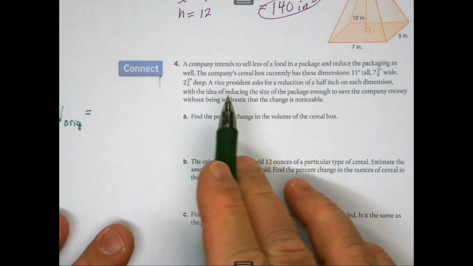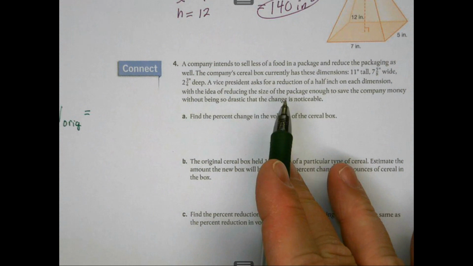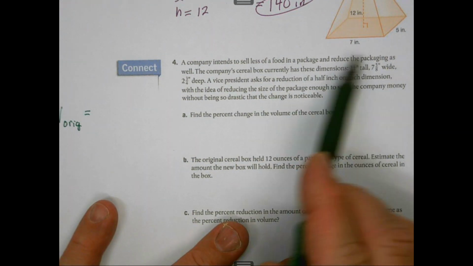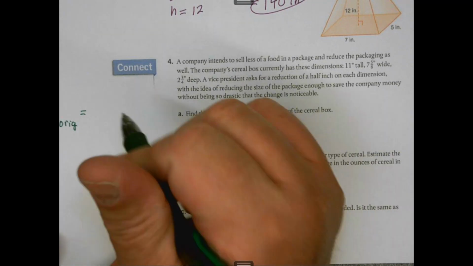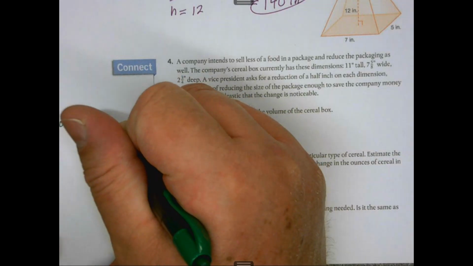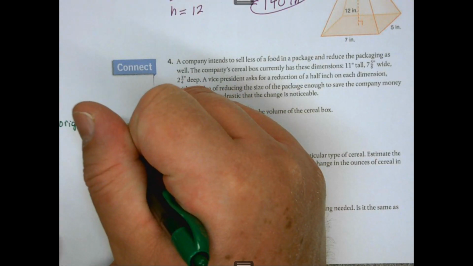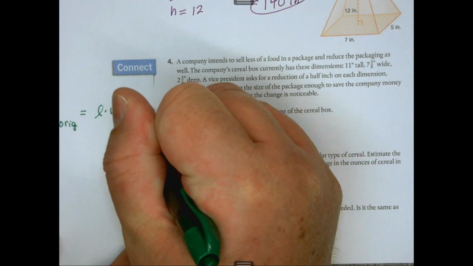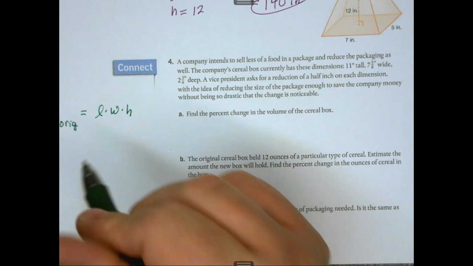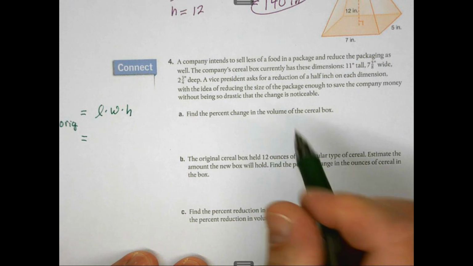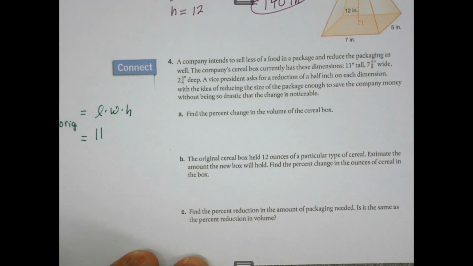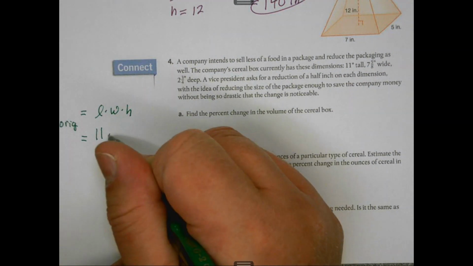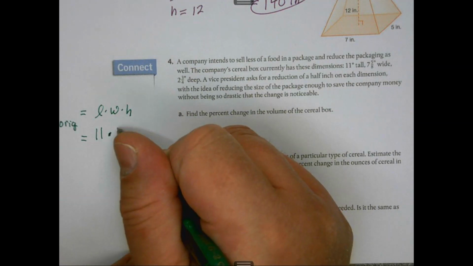So it's going to be length times width times height. My length, 11, and my width, 7 5/8 times 2 3/4. So plug all that into a calculator. Now this is the original one.